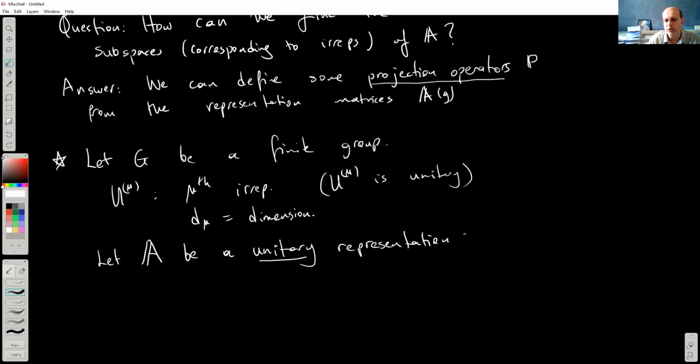So let A be a unitary representation of G. I know that this A is decomposable in terms of the irreducible representations, so this is like M1 times U1 plus M2 times U2 and so on. And the question is, how can I find subspaces which transform like U2, for example? That's the question that we would like to answer.